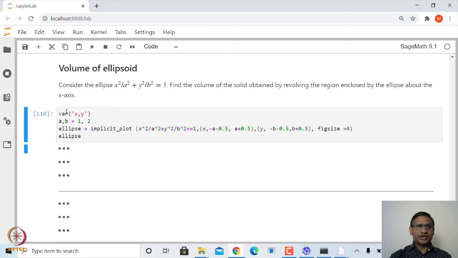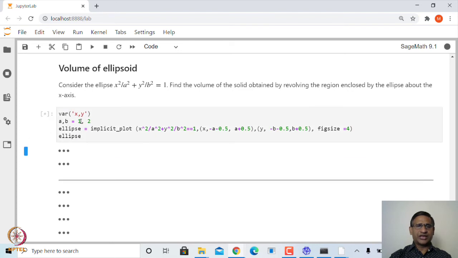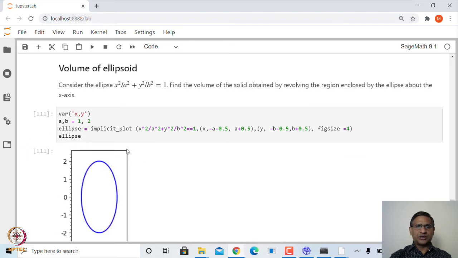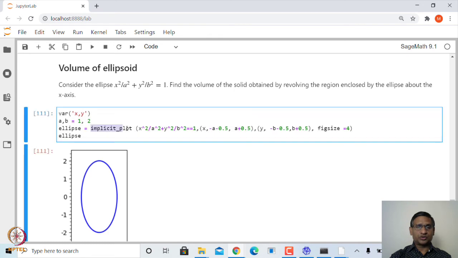So, let us first plot the graph of an ellipse between minus a and a. So, this is using implicit underscore plot, x square upon a square plus y square upon b square is equal to 1, x varying between a minus 0.5 to a plus 0.5. Here we have taken a as 1, b as 2 and b varying between b minus 0.5 to b plus 0.5. So, this is the ellipse.